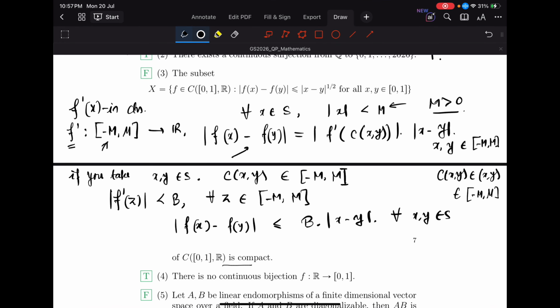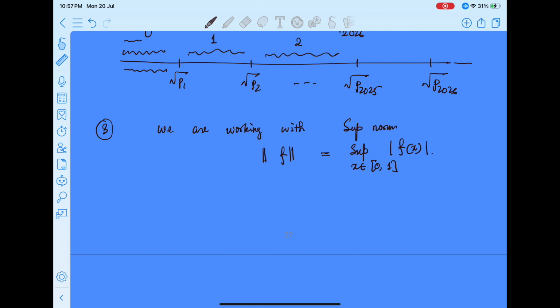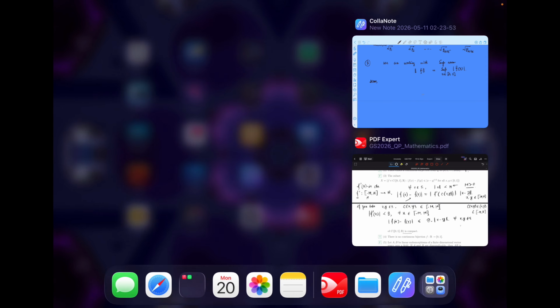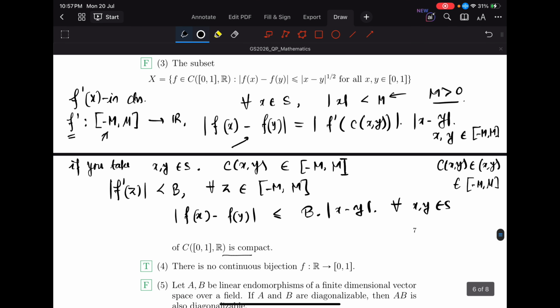Now you have to see whether this set is compact or not.